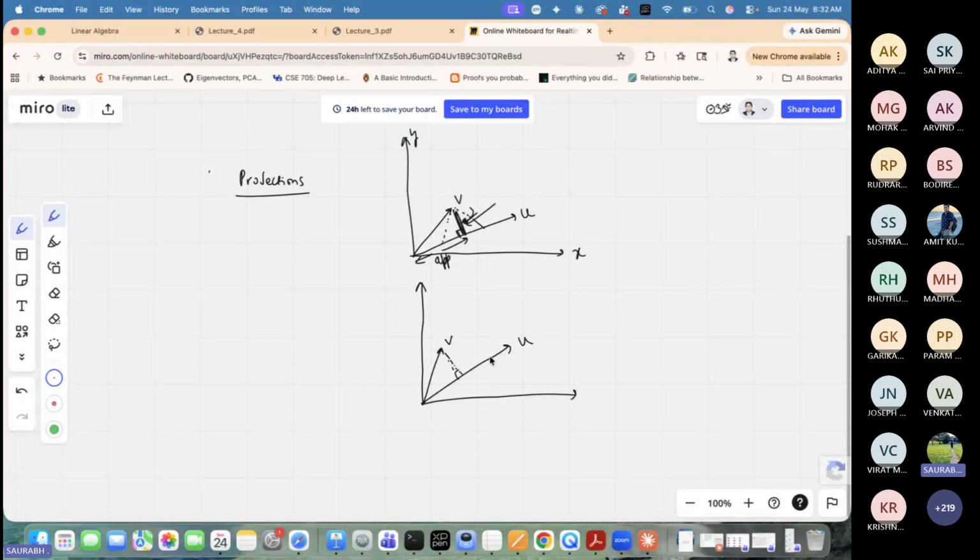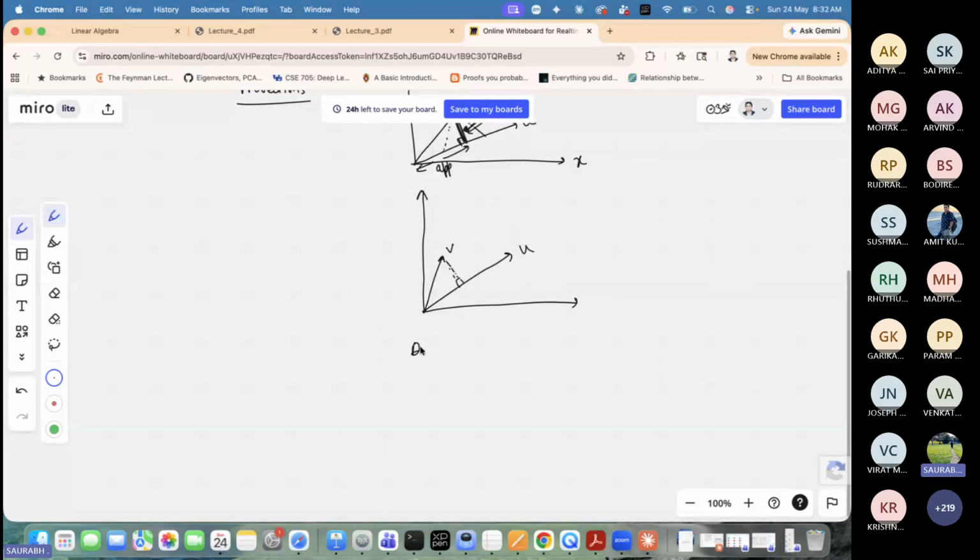But when I say direction of U, the part of the V vector which is aligned in the direction of U has to be of the form alpha times U, isn't it?